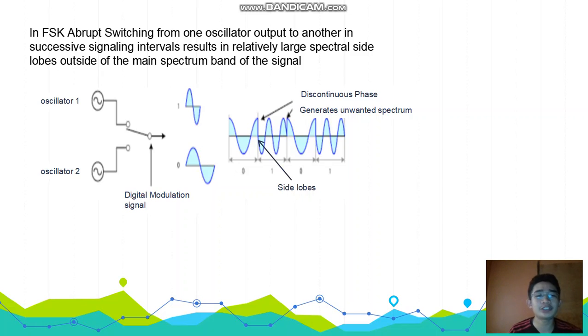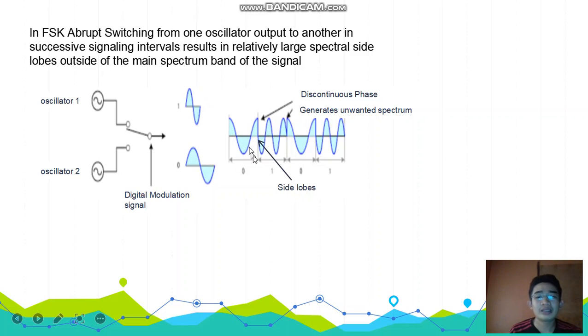For example, in this picture, oscillator 1 is the binary 1 and oscillator 2 is the binary 0. The switch is the digital modulation signal. We can see in this picture that this is a discontinuous phase and that it generates unwanted spectrum.